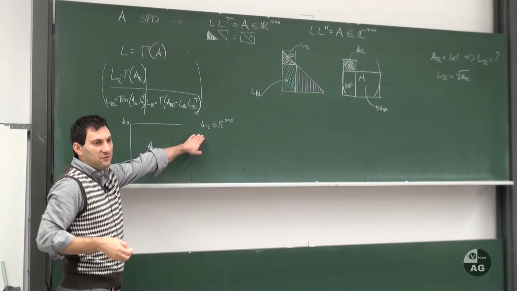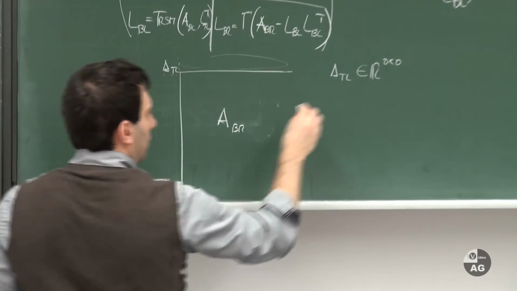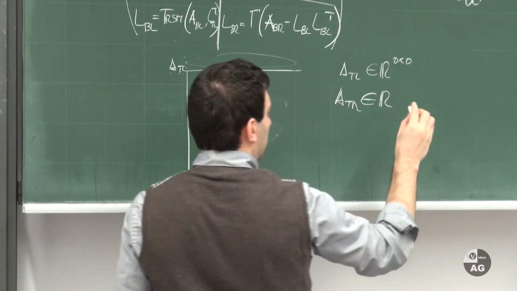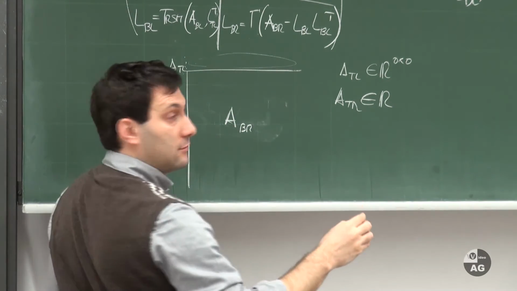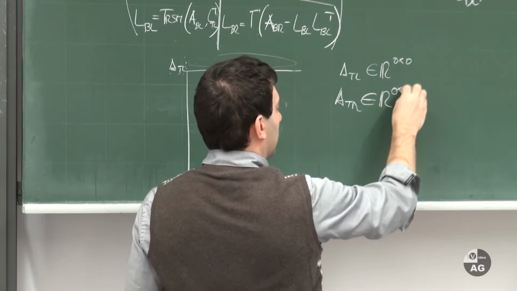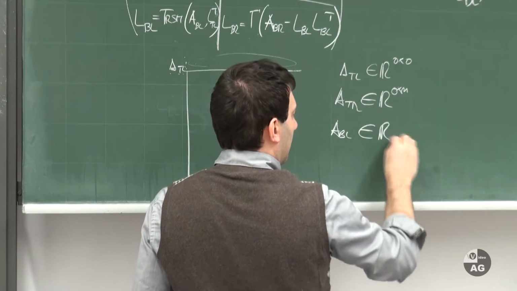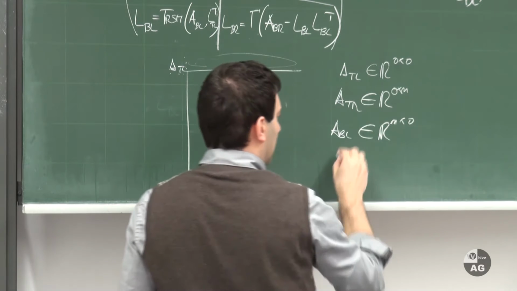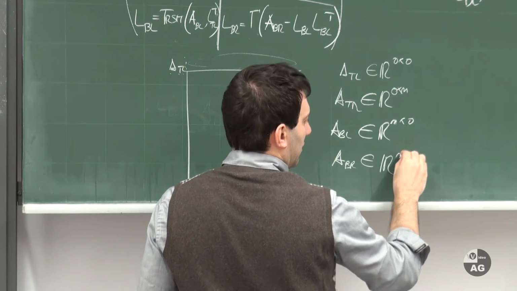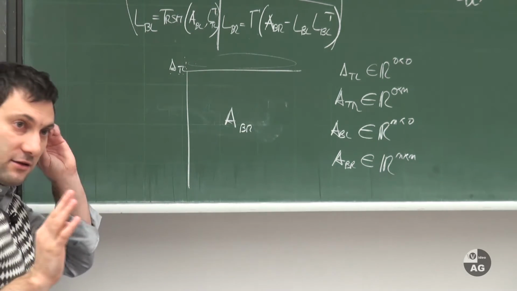So if A top left is 0 by 0, you know already that A top right is 0 by 0, A bottom left is n by 0, and A bottom right is the full matrix. This is the starting point. We have done nothing yet.